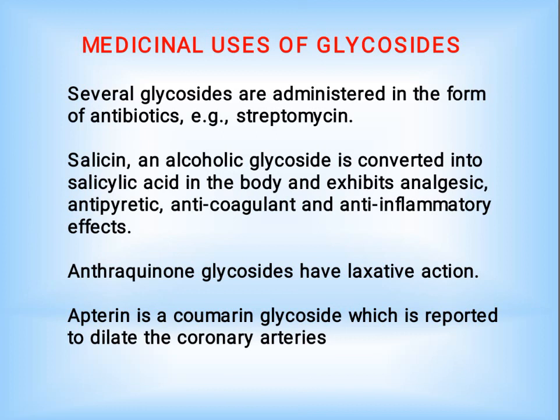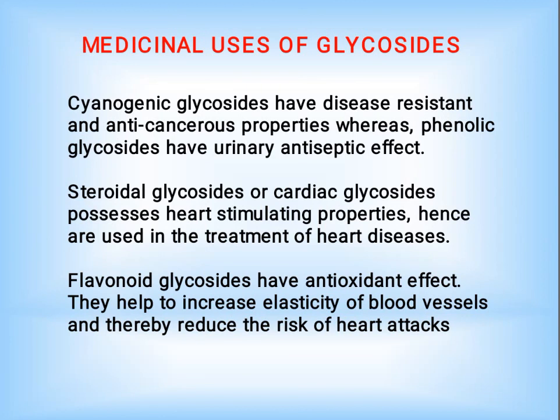Anthraquinone glycosides have laxative action. Apaterin is a coumarin glycoside which is reported to dilate the coronary arteries. It means this will help in the treatment of heart troubles or heart blockages. Cyanogenic glycosides have disease resistant and anti-cancerous properties, whereas phenolic glycosides have a urinary antiseptic effect.